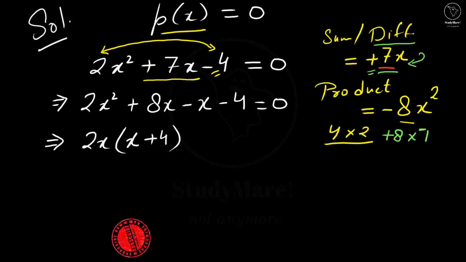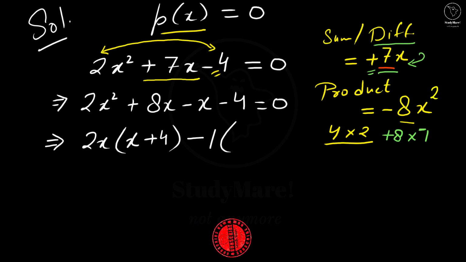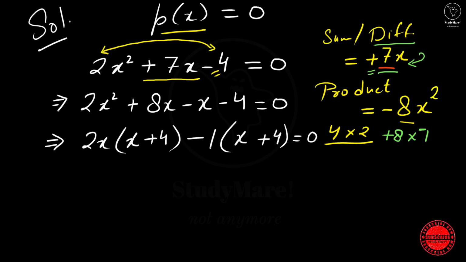Here we take minus, here we take 1, or you don't write anything. It becomes minus 1 is outside, so we have plus x and plus 4. Since minus is taken outside, the sign changes. Since this was 1, we got x plus 4.